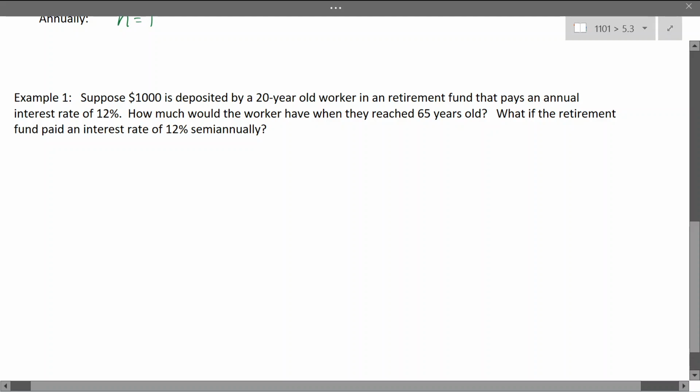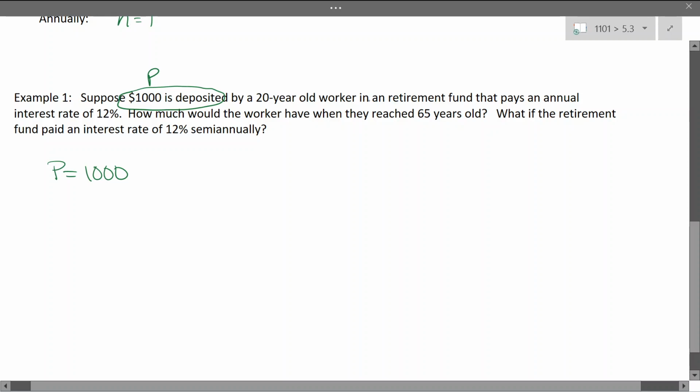So let's look at the first part of the question and identify our pertinent pieces of information. Suppose $1,000 is deposited. That tells me this is my P because I'm starting with $1,000, so P equals 1,000.